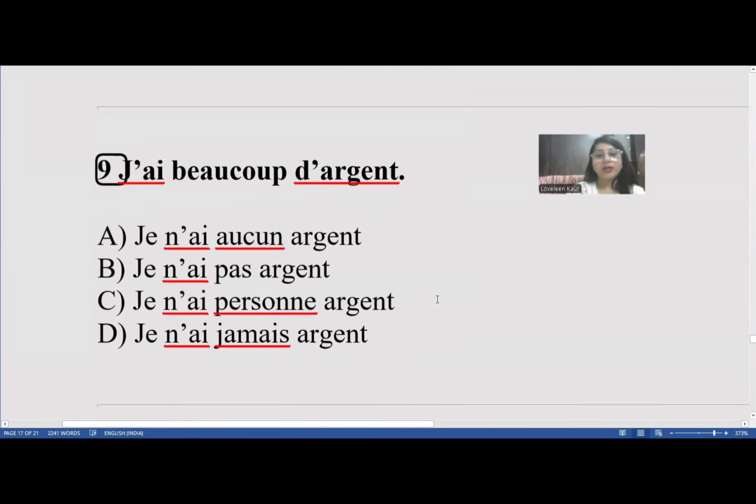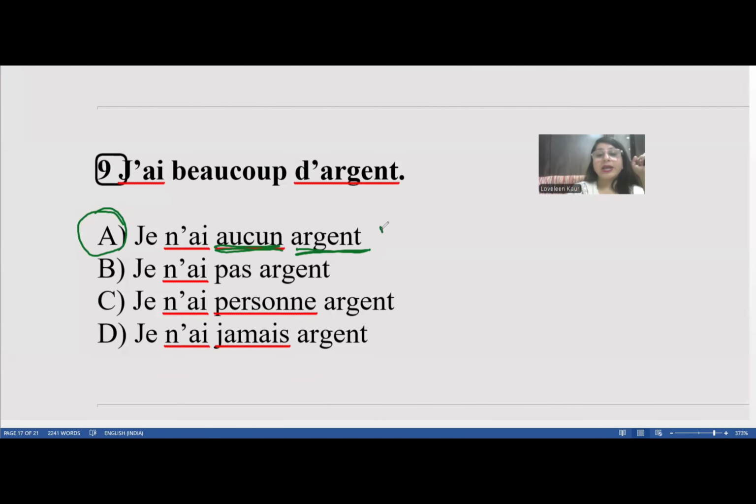Now we have j'ai beaucoup d'argent. I have a lot of money. I told you something, whenever we have beaucoup de, it changes to aucun. It is A part, yes. Je n'ai aucun argent. I don't have any money. Right? After aucun, a singular thing comes.